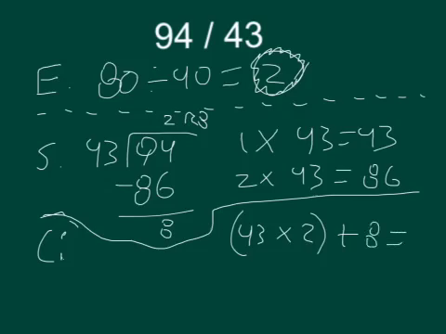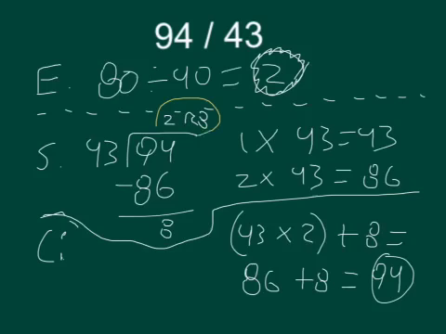Let's see, 43 times 2, we said earlier, is 86, plus 8: 87, 88, 89, 90, 91, 92, 93, 94. I just counted out 8 higher than 86 is 94, and that was our dividend, so we know that our answer of 2 with a remainder of 8 is the final answer.